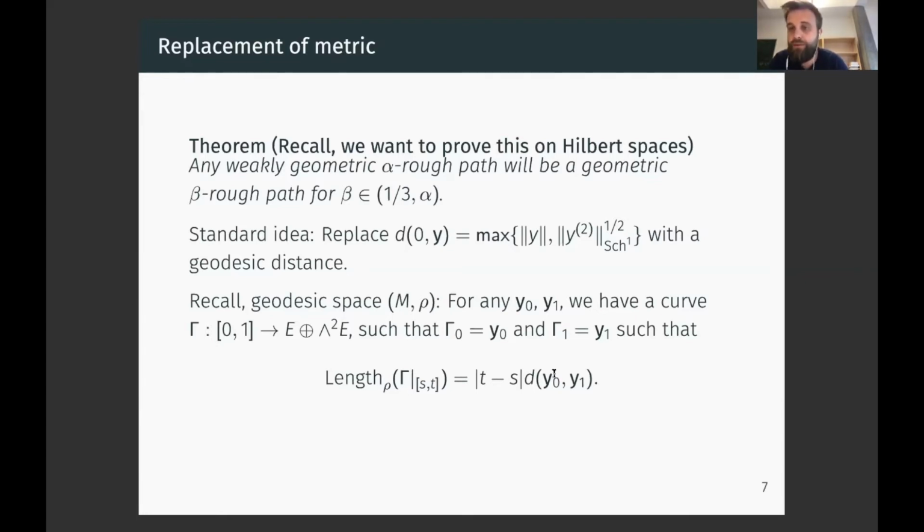The reason you want this is that in geodesic spaces, you can approximate all continuous curves with geodesics or piecewise geodesics in the sup norm. So this is really nice.